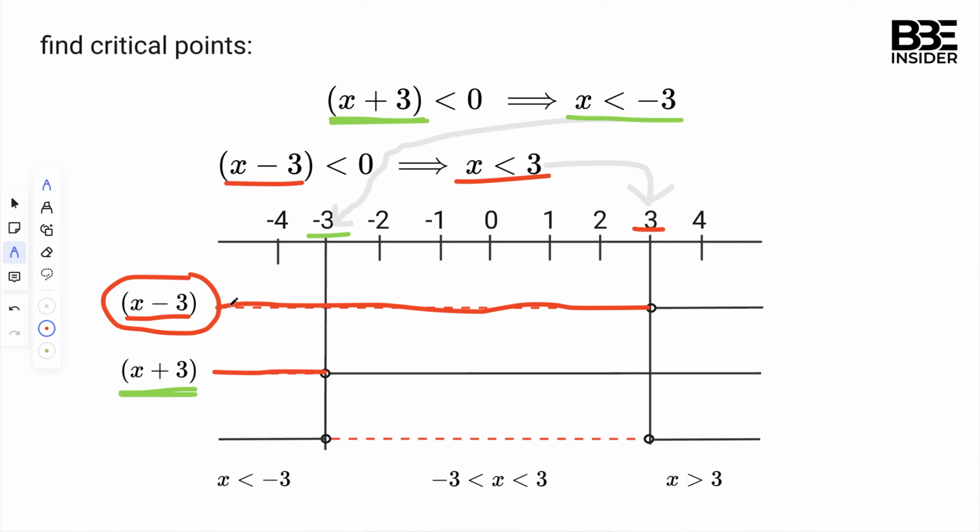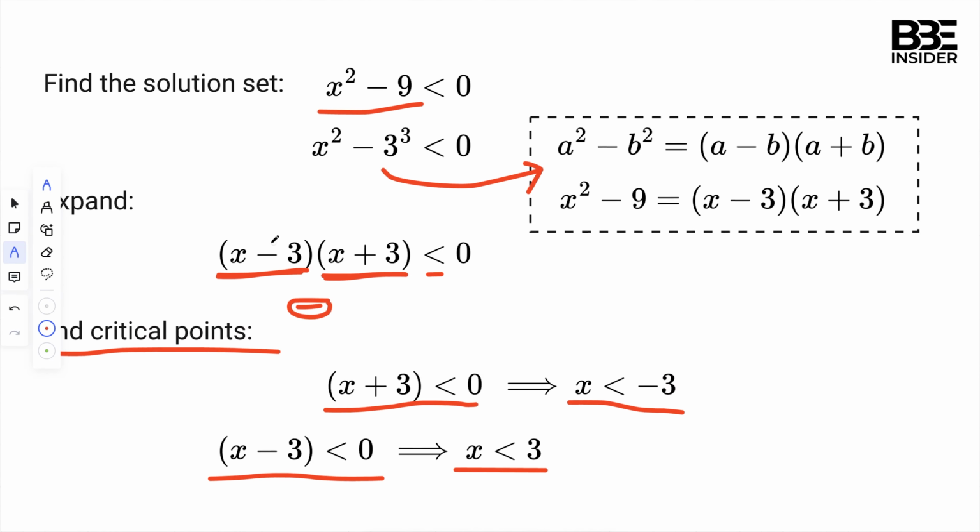Now, as we know, if there is a red line here, it means that this term is negative. Remember that we multiply these two terms, meaning that if one term is negative and one term is positive, the overall expression is negative. If both are negative or both are positive, the whole expression is positive.